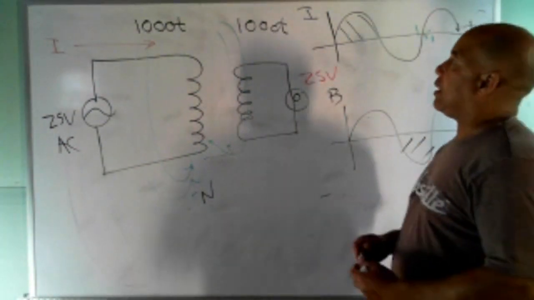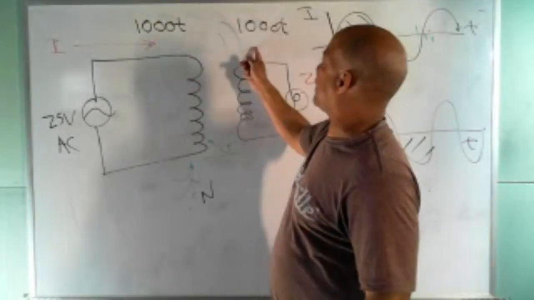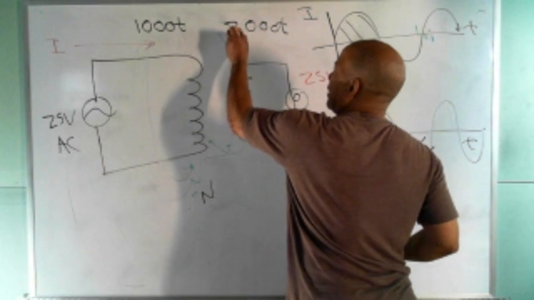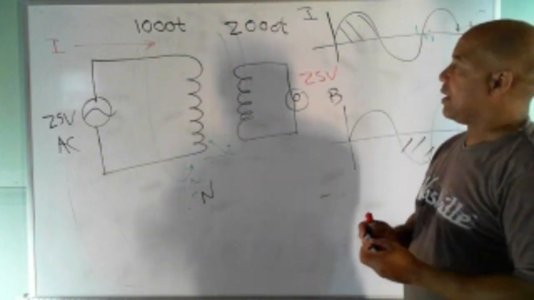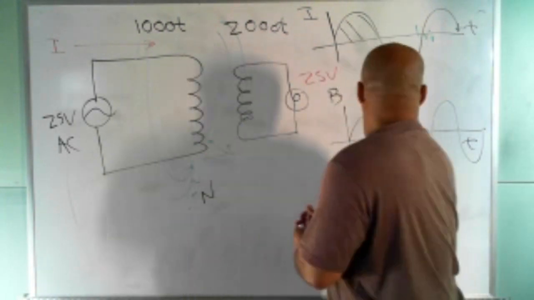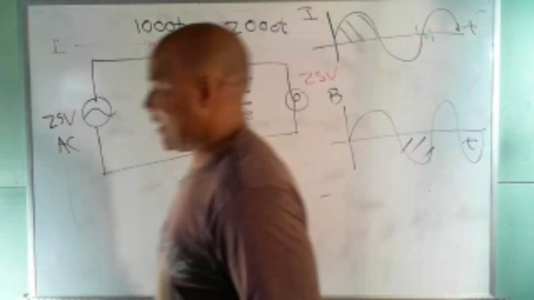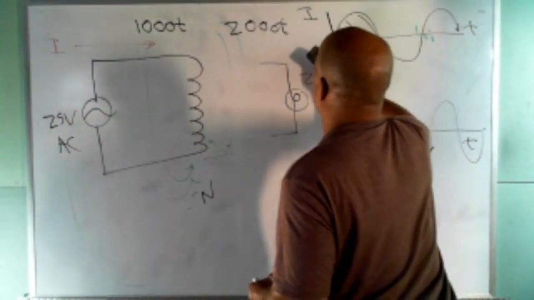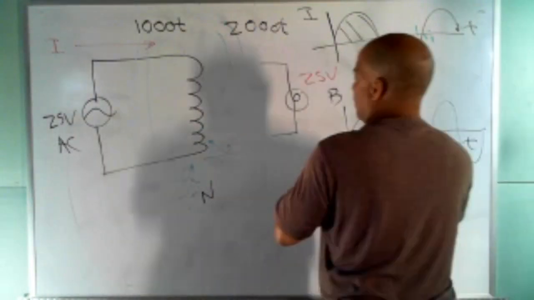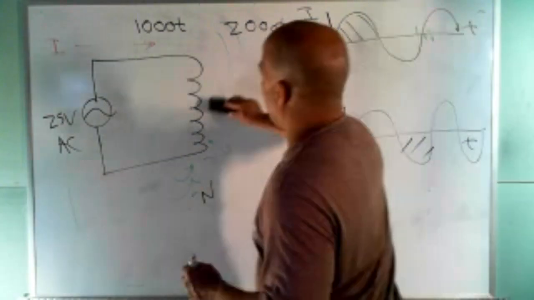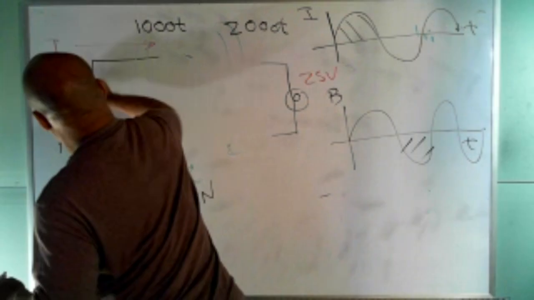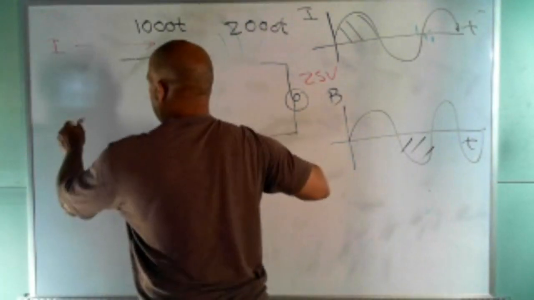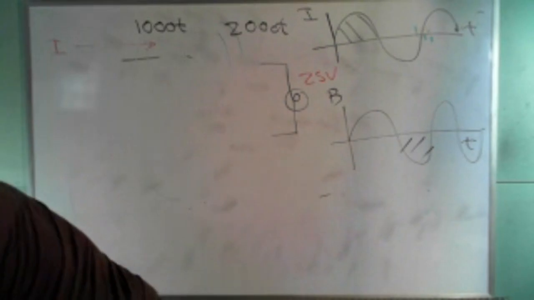But let's say instead of 1,000 on this side, I had 2,000 on this side. Guess what happens now? Let me make this coil bigger so you can see this in your mind's eye. If I double the amount of turns, I'm going to make this bigger. I want to emphasize what I'm doing, so let me make it a little bit neater.